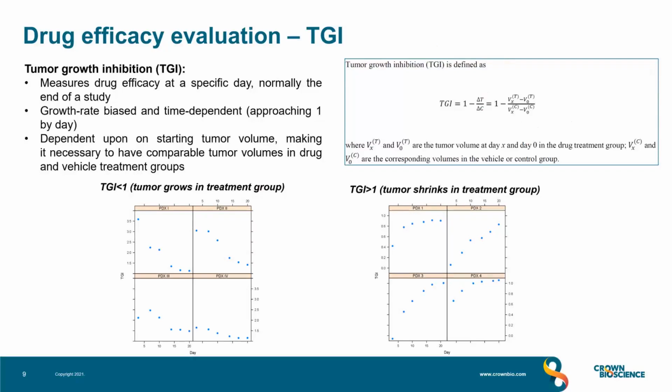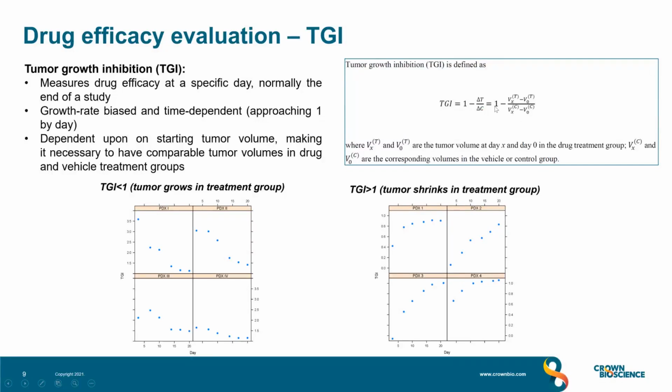Traditionally, drug efficacy is measured by tumor growth inhibition, or TGI. Simply put, we stick with a specific day, usually the last day of the study, and calculate tumor volume changes from the starting day for both treatment group and the control group, and then basically the delta T and the delta C here, and then use this formula to get TGI.